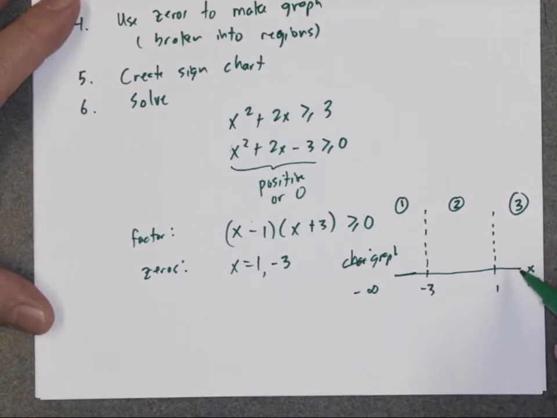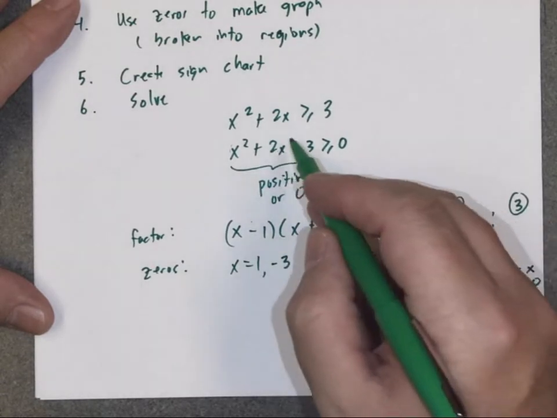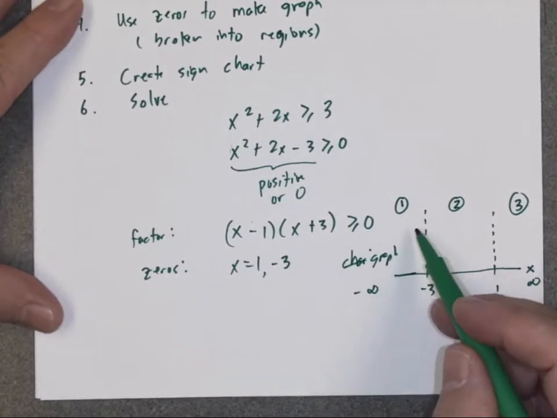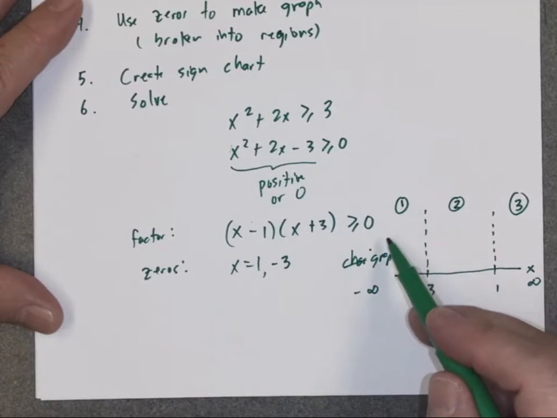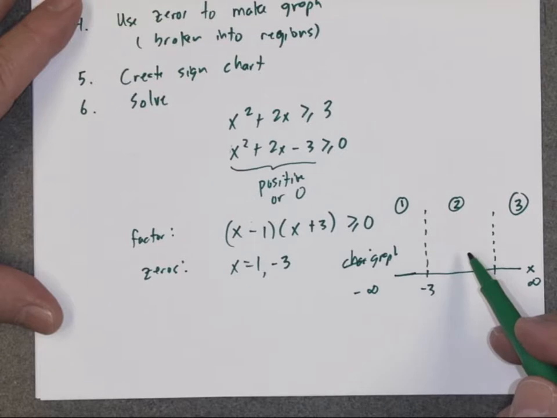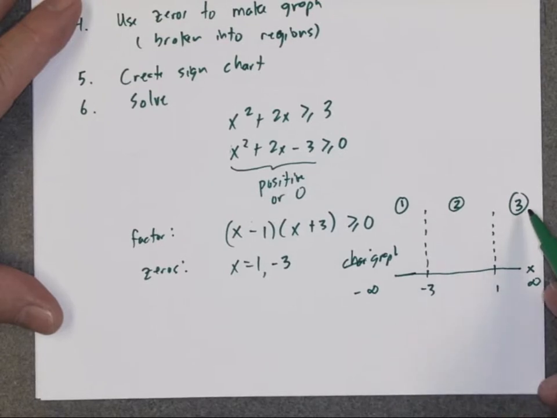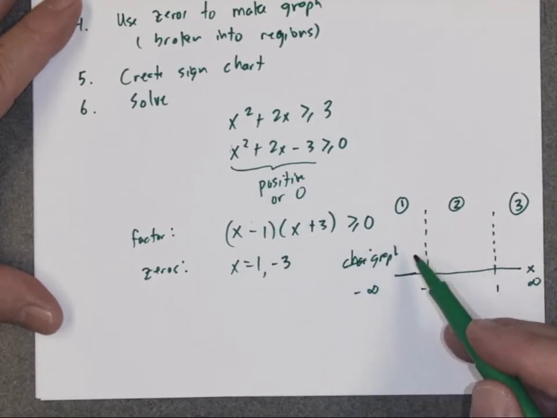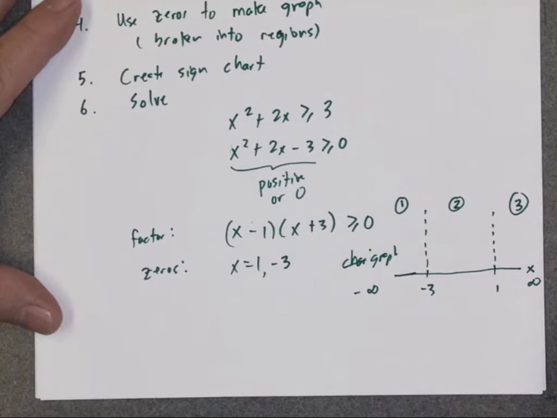Any value of x I choose between 1 and infinity, if I plug those numbers in for x into my expression, the sign is always going to be the same. So really my goal is I want to find out if region 1 is a positive or negative region. I want to find out if region 2 is a positive or negative region. I want to find out if region 3 is positive or negative. Because I know within the region it can't change. Now I just have to find out what each region is.